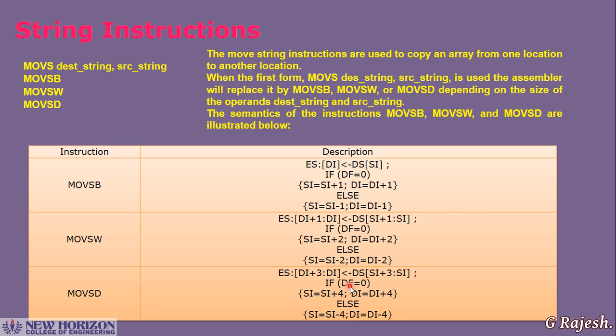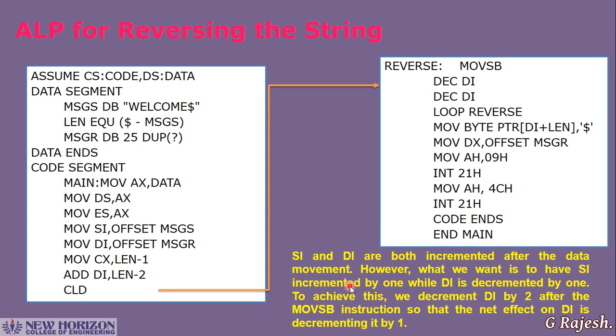Now we will write a program for reversing the string. First, we start with ASSUME CS:CODE, DS:DATA. With this first instruction, we reserve 64 kilobytes for writing the code and 64 kilobytes for accessing the data.